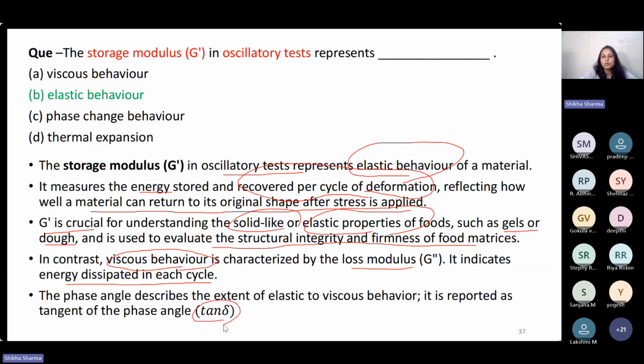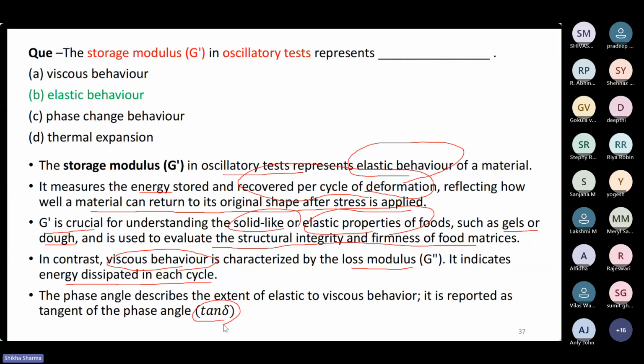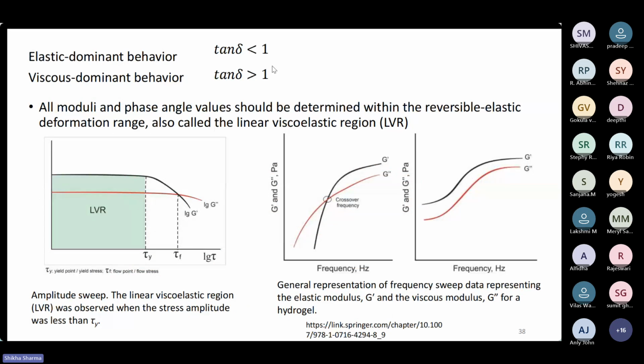And this is the phase angle, and we say the tangent of the phase angle, tan delta, equals G double prime by G prime.